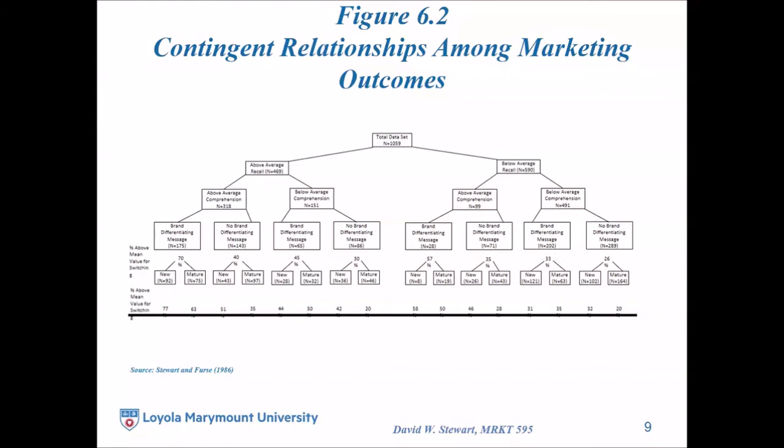And we've done a simple little analysis here. We have a measure of recall. Do people actually remember the advertising? The way we get that measure is to call people up 24 hours after they've seen the ad. We can monitor this on your cable television. And we can determine when people recall. And then we can figure out whether the ad is above average or below average in terms of recall.